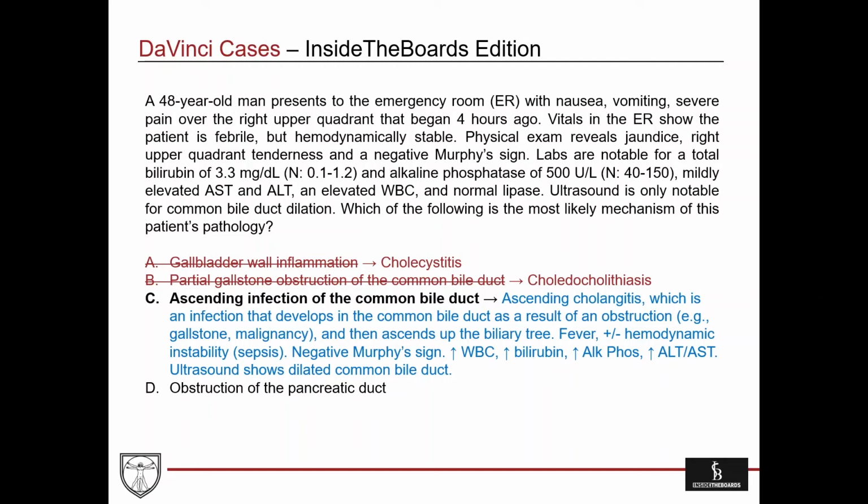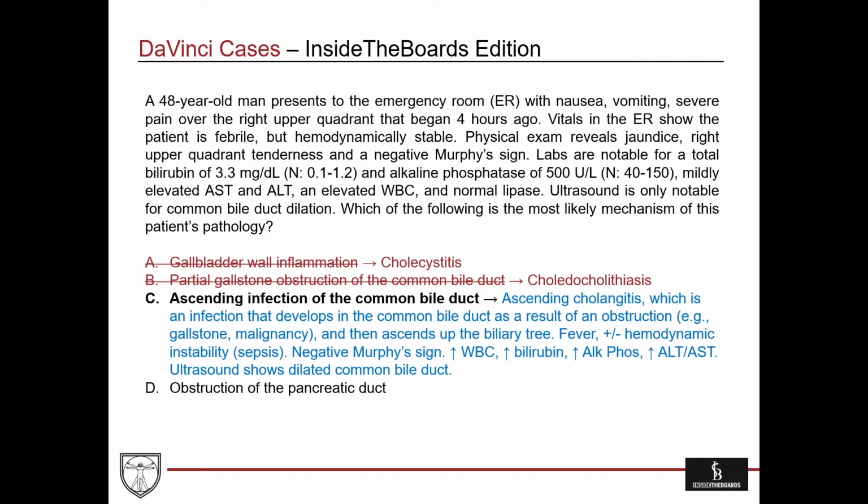And so what you're going to see with choledocholithiasis is an absence of infectious signs or symptoms. With ascending cholangitis, that inflammation of the common bile duct, you're going to see positive signs of infection like the fever, sepsis, leukocytosis, vital sign changes.